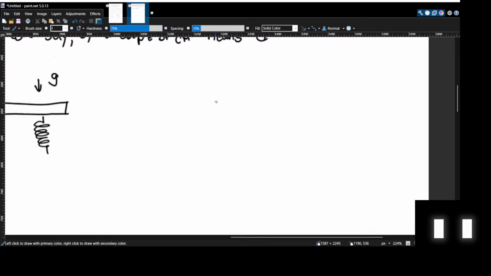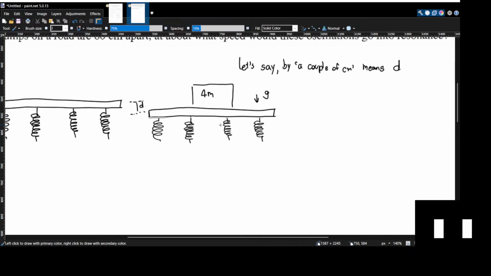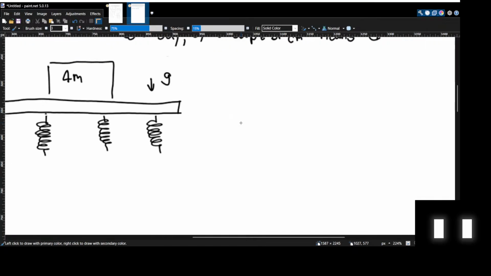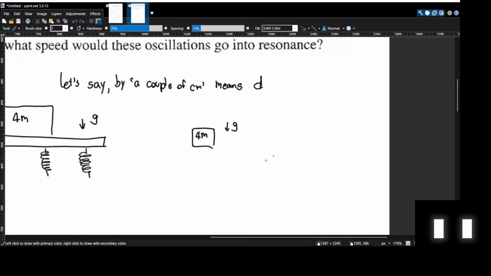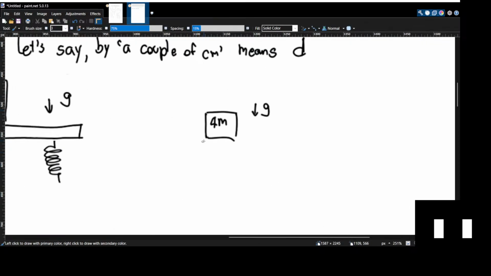Initially, let's say over here we have the force of the 4m, the mass of 4 people. Obviously, I'm going to plug in 80 kilograms later on. The mass of 4 people is being pulled down by the force mg, but it's being cancelled out by the spring force of 4kd.